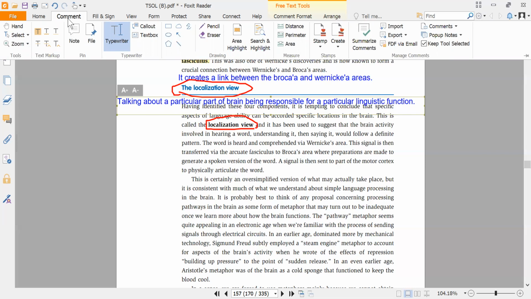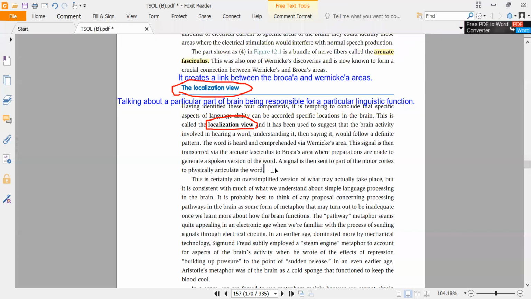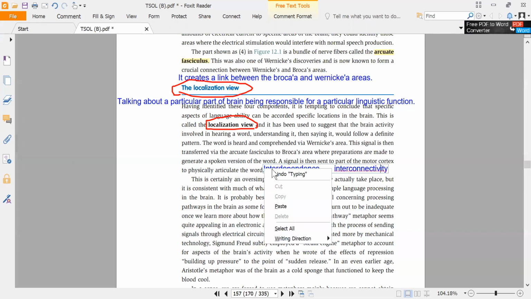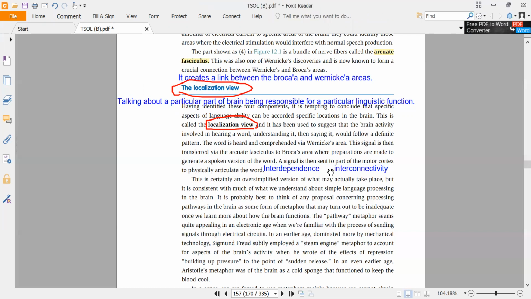If we look at this interdependency, these parts of the brain depend on one another. This high level of interdependence of different parts of the brain, or interconnectivity, all these parts of the brain are highly interconnected with one another.